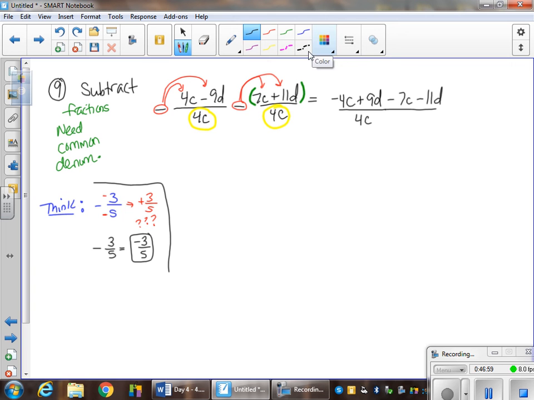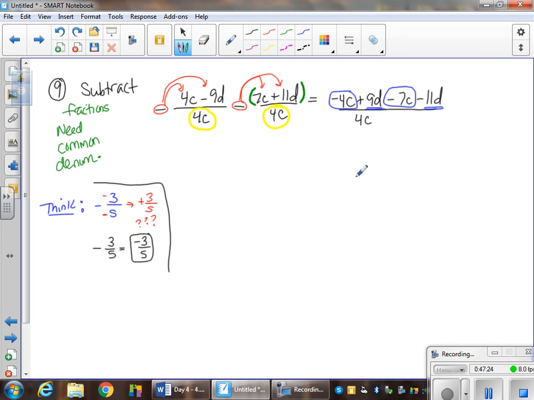So what's left to do? Combine like terms. So I see a -4c and a -7c, and then I have my 9d and 11d. So let's combine those one at a time. -4 minus 7.